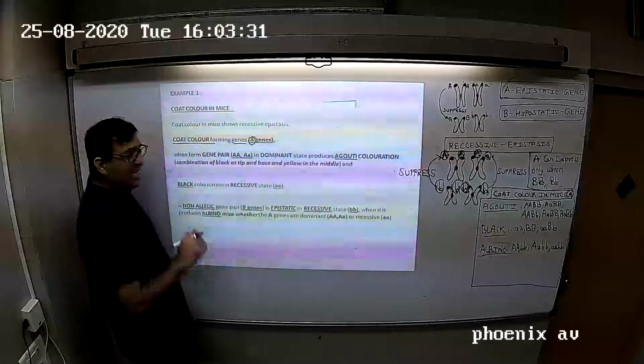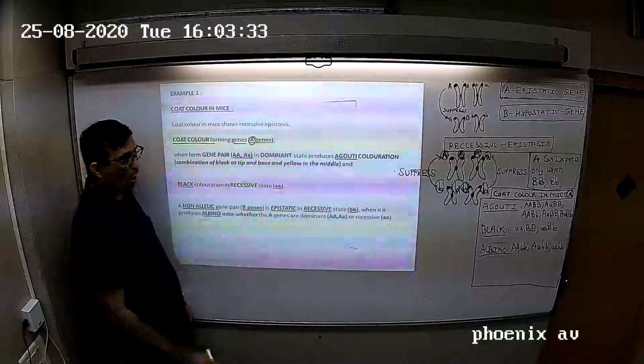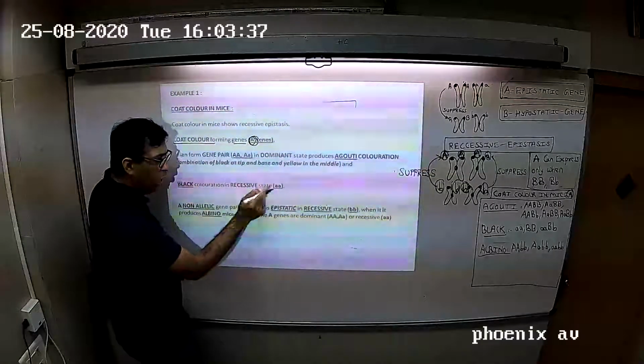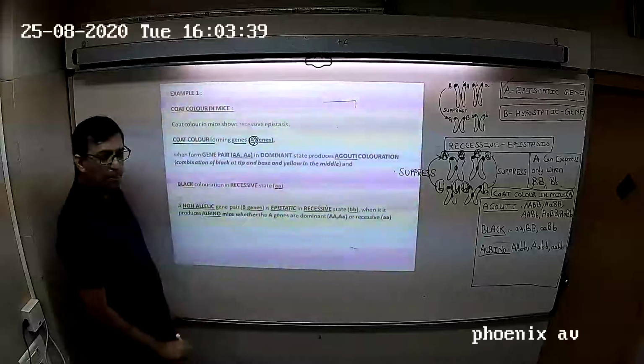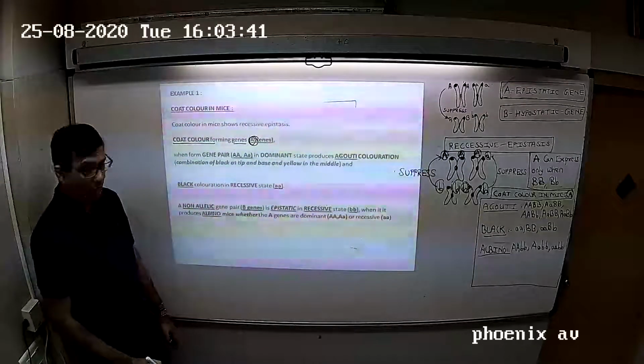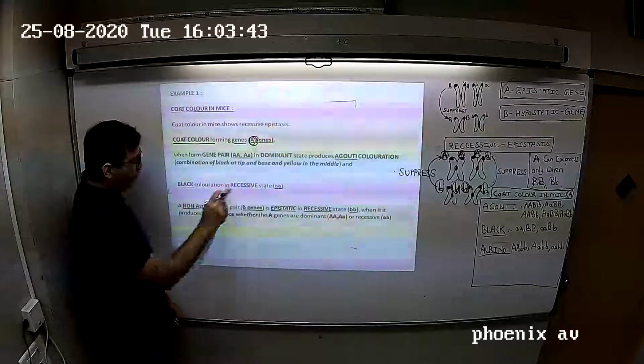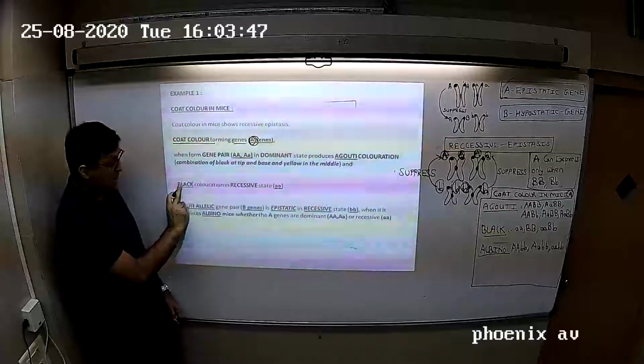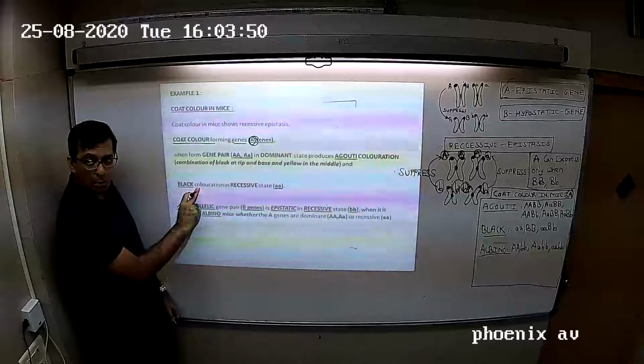When the A gene is in the recessive state, small a, it forms black color.